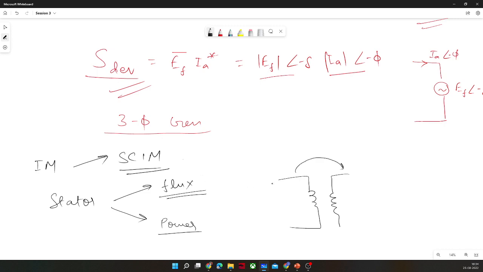So we can control everything from the stator side itself. We don't need to take care of any other parameters from the rotor, because the rotor is maintained from the stator side only, since the stator is controlling both things.